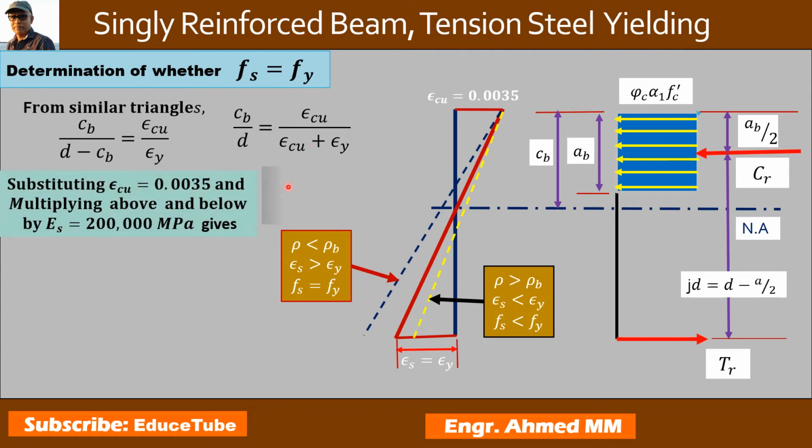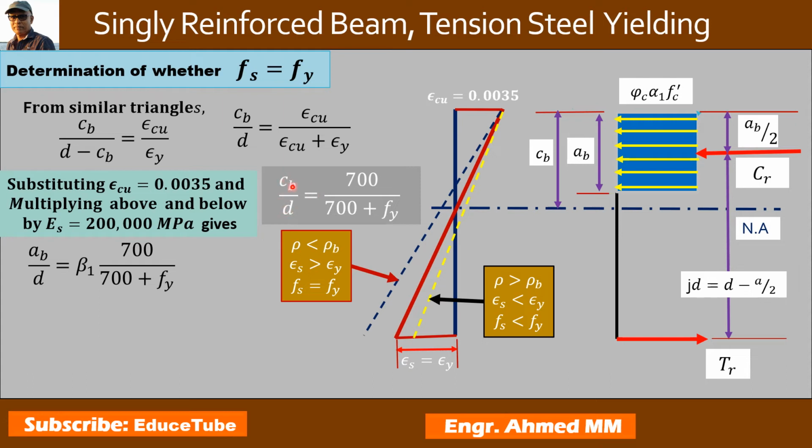We will substitute epsilon Cu 0.0035, but we will multiply above and below by the modulus of elasticity of steel, then it gives this value. Very important, because if you multiply 0.0035 by this, it becomes 700, and also here 700. This will be Fy. This is our main equation for Cb by d.